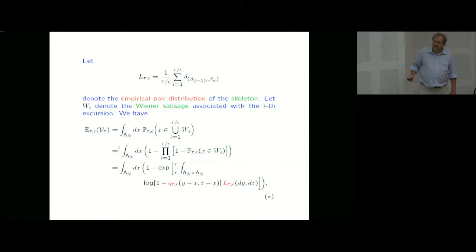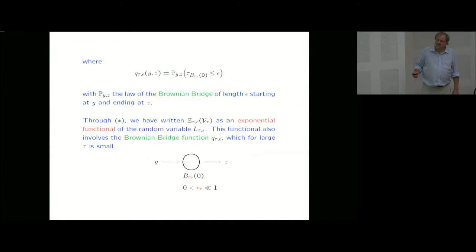Given that you fix the skeleton, you have also fixed this object, and once you have that, the conditional expectation of the Wiener sausage just becomes a completely explicit integral over that pair measure of some functional that actually is just an object in itself that involves Brownian motion of length n having to go from y to z and then having to hit this R_T ball around the origin. So this is nothing mysterious. It's a standard object, a standard Brownian bridge function that is appearing in here.